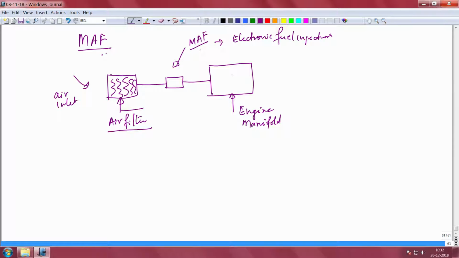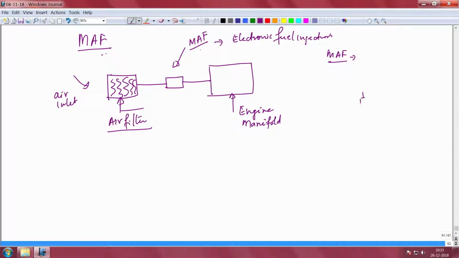It is a mass airflow measurement device, and it is a very interesting sensor. The way it works is very simple. How do you measure mass airflow? How do you measure airflow at all in the first place?